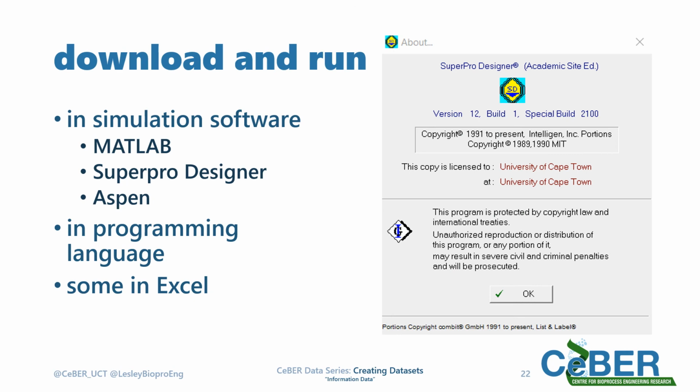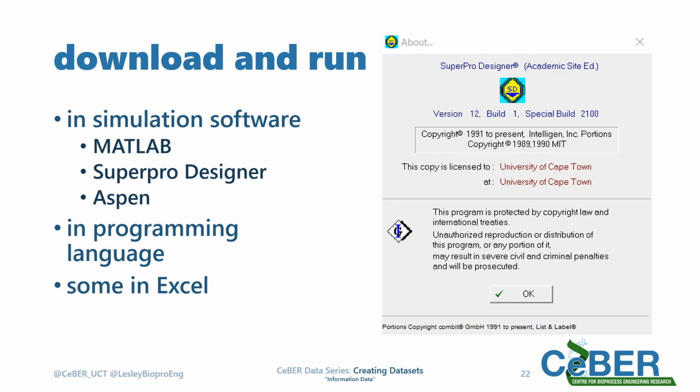Secondly, download and run. You must upload your simulation, your model, in the format in which somebody can download and run it. And that means you must tell them what software it's in, whether it's MATLAB or SuperPro Designer or Aspen or whatever, or if it's straight code, what your programming language is.